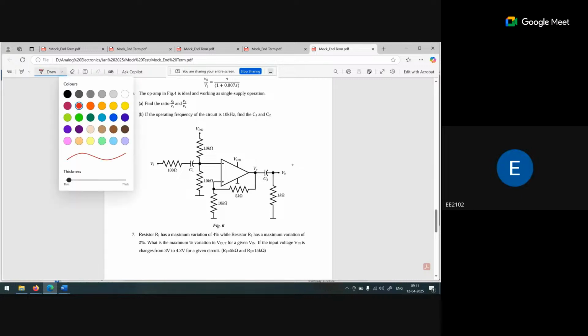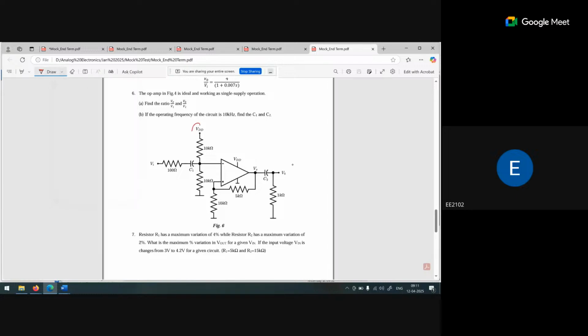So basically, for example, if we are not considering this, here we are using VDD by 2 and here we are using minus VDD by 2. What is the value of Vx?